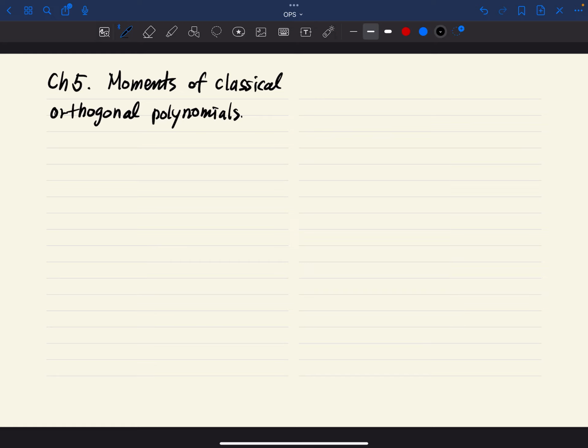Note that whenever we have a family of orthogonal polynomials, there are several ways to define the polynomials. There are several ways to define, say, OPS.